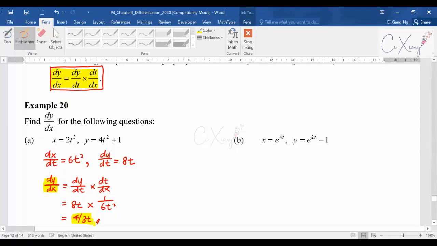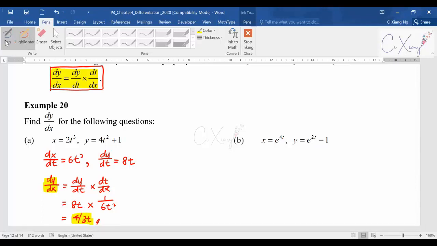Please take note that for parametric differentiation, when you get dy/dx, your answer is in terms of t. It's in the parameter, in terms of t. So again, you need to have the value of t to solve all the application questions later.